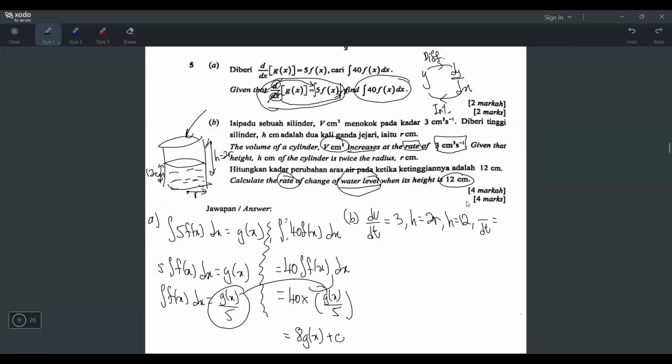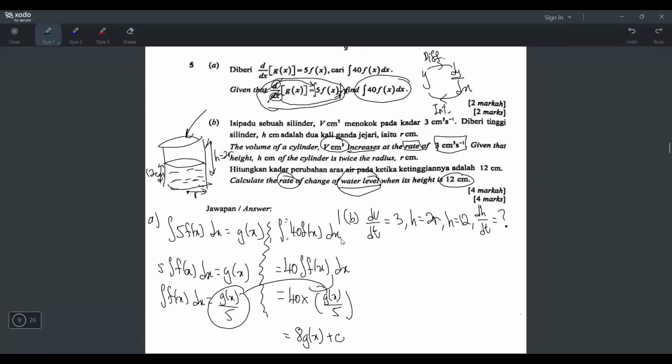So you're finding dh over dt, like the rate of change of height. Because h is the height of cylinder, and the height of cylinder is the water level lah. So this one is the question mark, because this is the final answer, right? They want you to calculate rate of change of water level. So this is the answer lah.